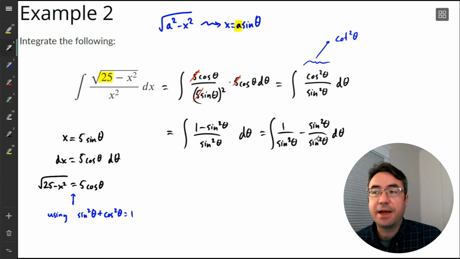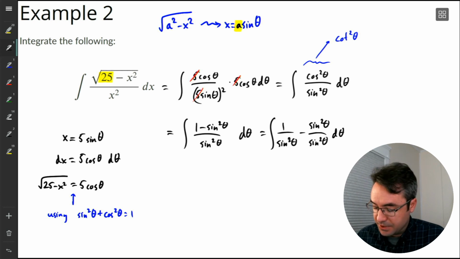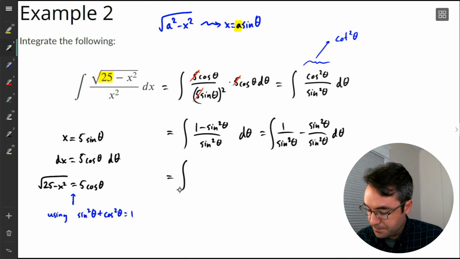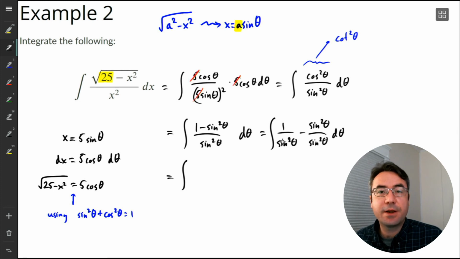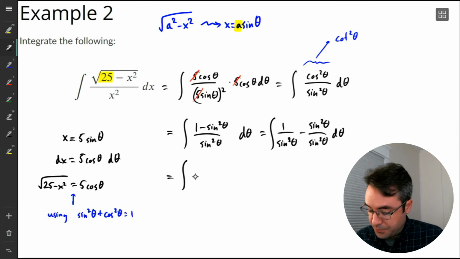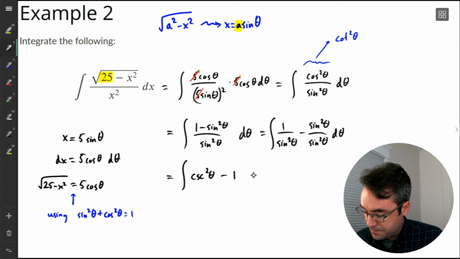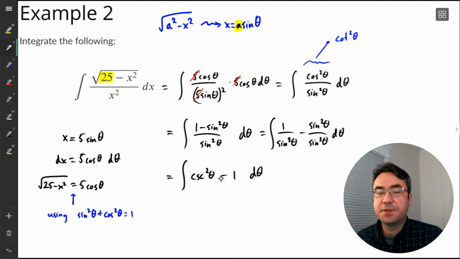And we can simplify. So sine squared over sine squared is going to simplify to just 1. And 1 over sine squared simplifies to cosecant squared. So when we go through the simplifying, we end up with cosecant squared minus 1.